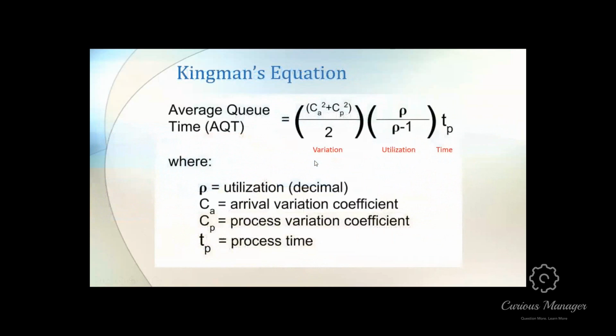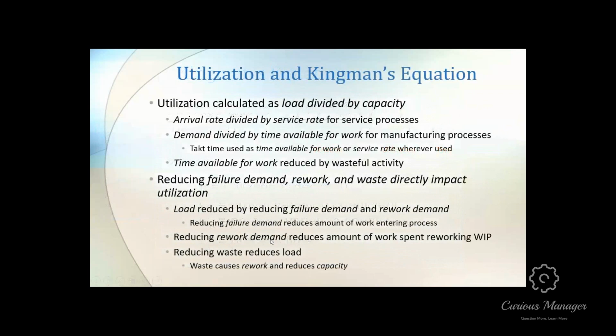So going back to here, reducing the rework demand, reducing the amount of work in progress, and reducing the waste reduces the load, because waste causes rework and reduces capacity, as we just showed. So it reduces available capacity.